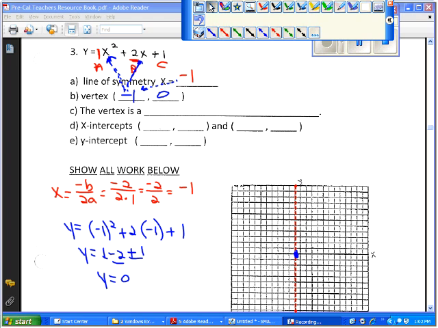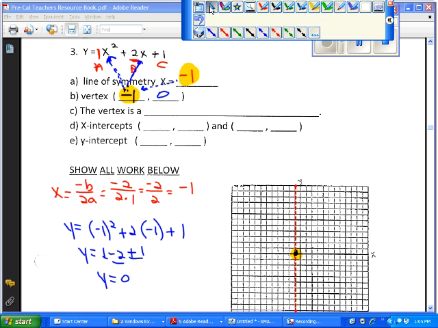And we plot that point. So we have our line of symmetry and vertex. And again, in response to the first question, why is the vertex x always the same as the line of symmetry x? It is because the vertex lies on the line of symmetry. Therefore, the x of the vertex and the x of the line of symmetry are the same number.